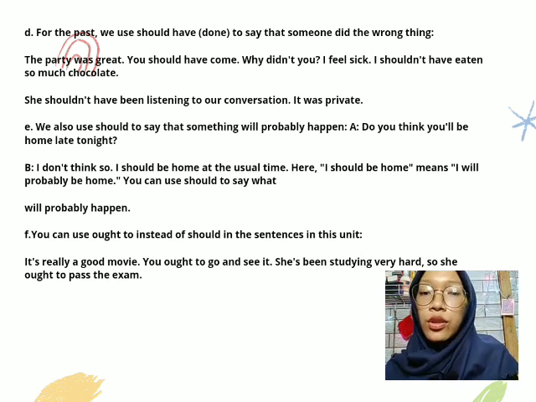F. You can use ought to instead of should in the sentences in this unit. It's really a good movie. You ought to go and see it. She's been studying very hard, so she ought to pass the exam.